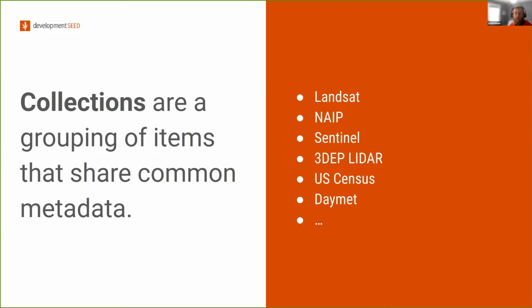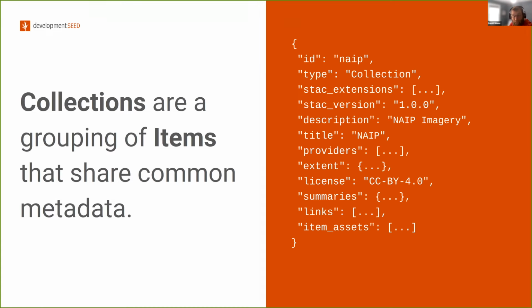For NAIP, it may be a whole year mosaic for a given state. It could be elevation data, point cloud data, census vector data, climatological data. A collection is just a grouping of those items that share common metadata.